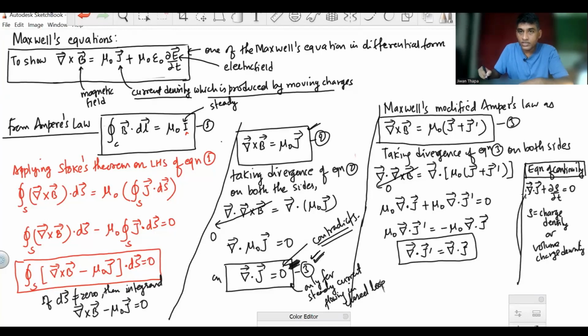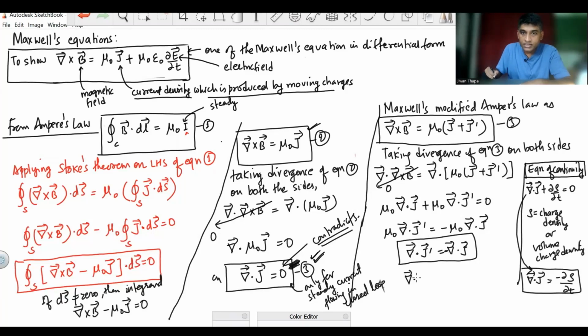So from this equation, we can write divergence J equals minus del rho by del t. So we have a negative sign in this equation.